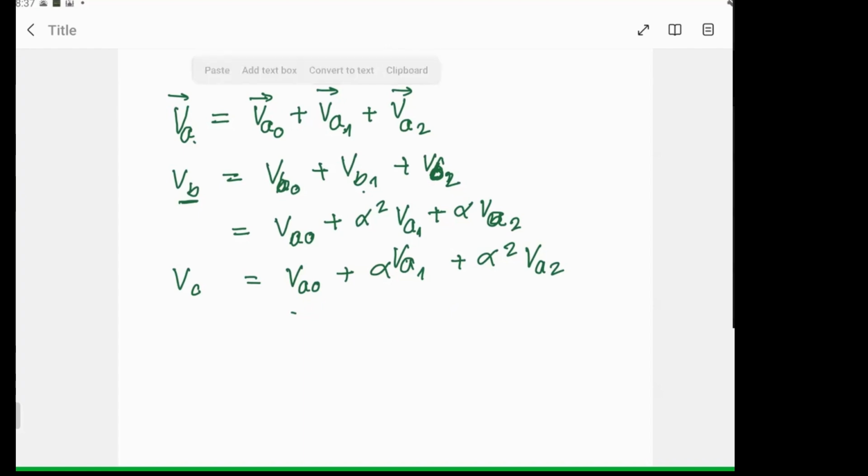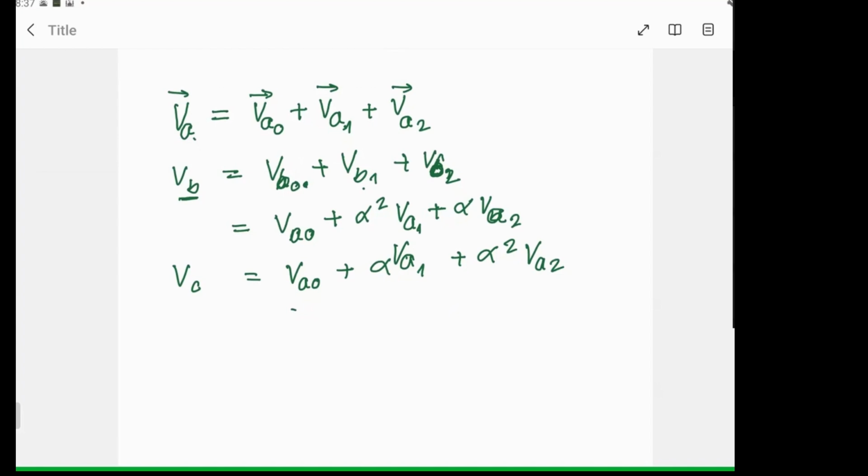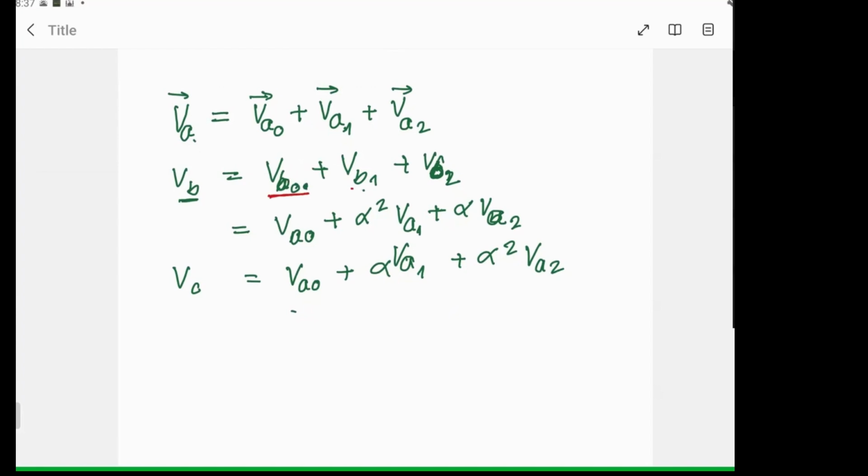Now, VB is similarly the zero sequence component, this one. So let us just mark here. This is the zero sequence component, positive sequence component, and the negative sequence component. All are vectors. So I'm just ignoring this one that we have already identified. This is VC, this will be a vector.